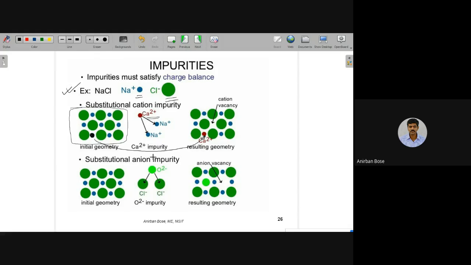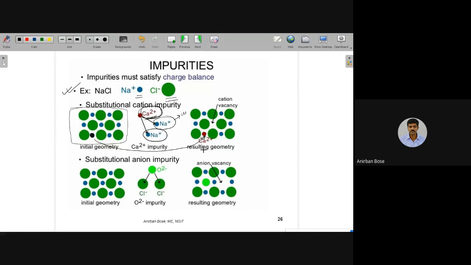So this is a kind of substitutional impurity. This is the first thing that has occurred. Because of that, since calcium has valency 2, it is equivalent to 2 sodium, because you know that each sodium requires 1 chlorine. So calcium 2+ requires 2 chlorine. So calcium 2+ will supply electrons to 2 chlorines.